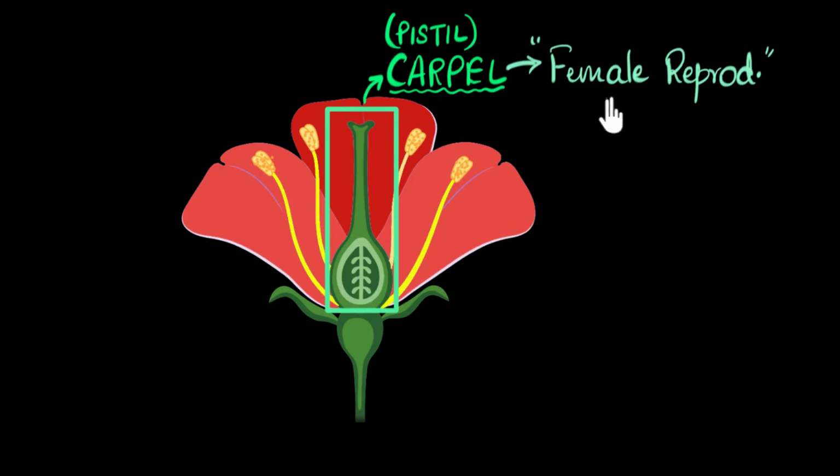Because it is the carpel that is responsible in production of egg cells. Carpels make egg cells somewhere over here. And so just like how in animals, the female reproductive part makes the egg cells, any reproductive part which makes the egg cells is often called the female reproductive part.